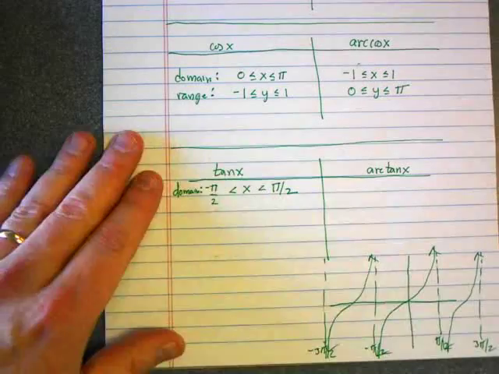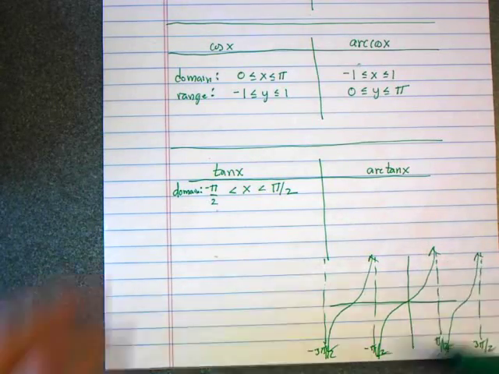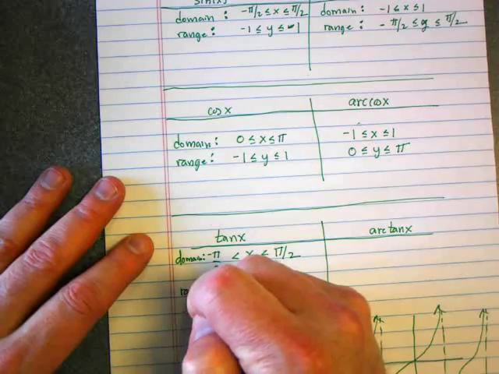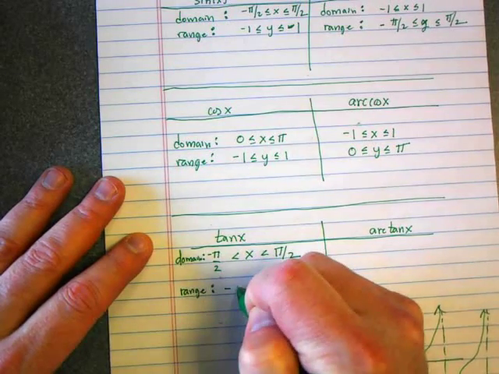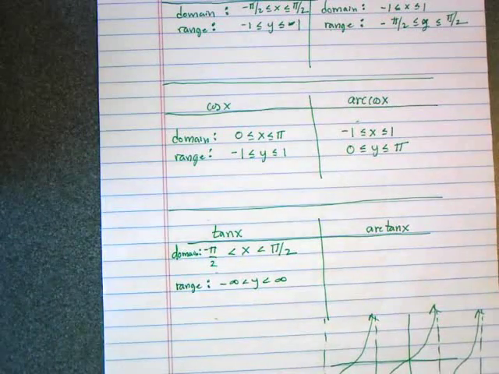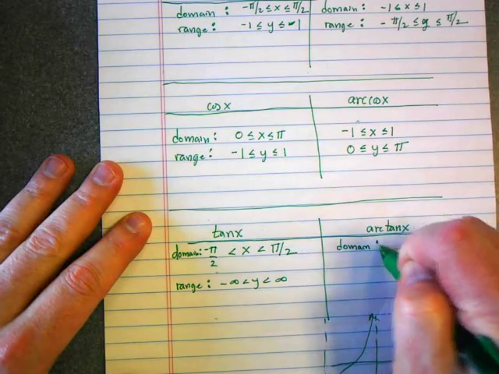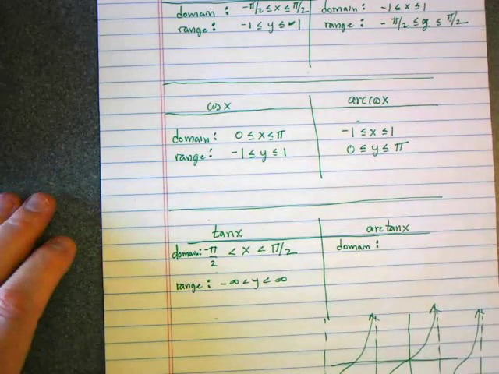How about the range? What kind of y numbers am I getting on my tangent graph? I'm getting all real numbers, negative infinity to positive infinity. Okay, so when I deal with arctangent, what kind of numbers can I plug into arctangent?